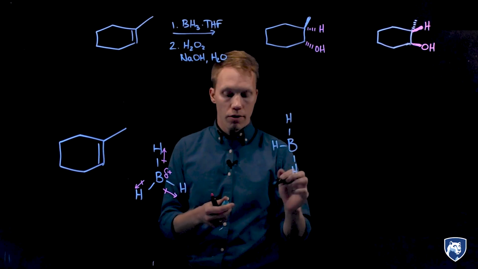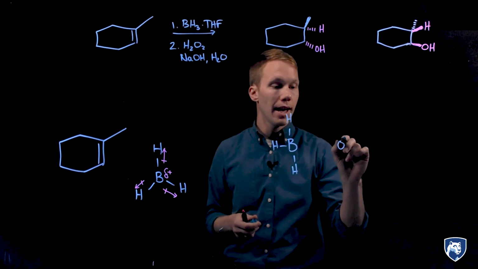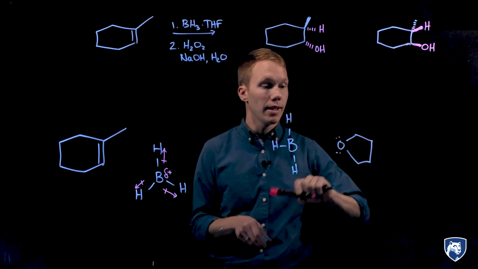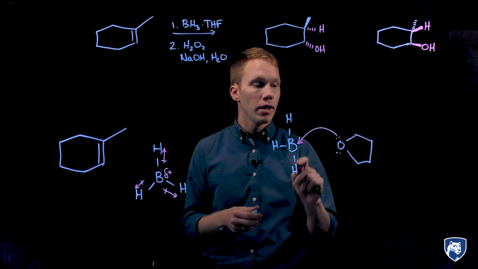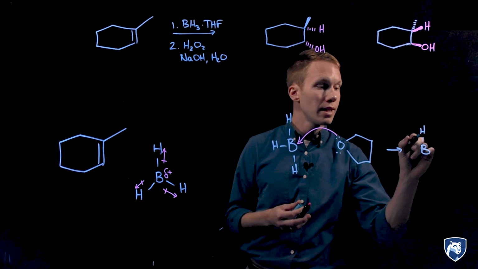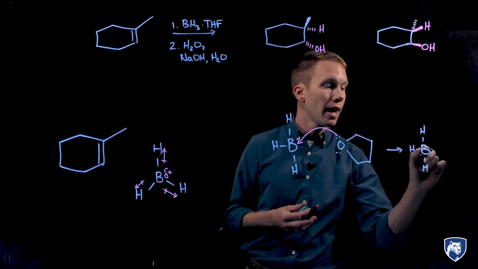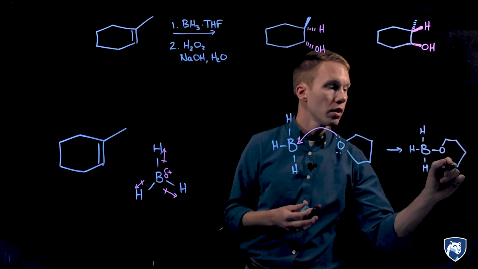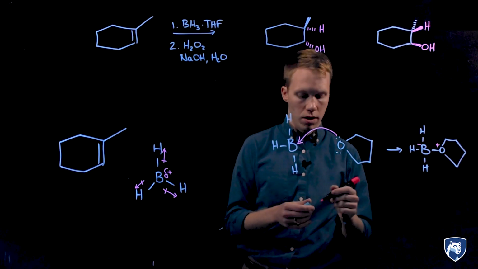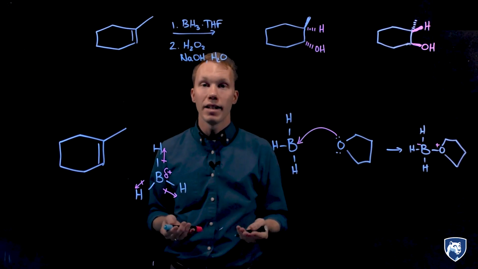Borane is very reactive, and the solvent serves to stabilize it. The lone pair gets added to the boron, so we have this borane THF complex that is our source of borane in the reaction.